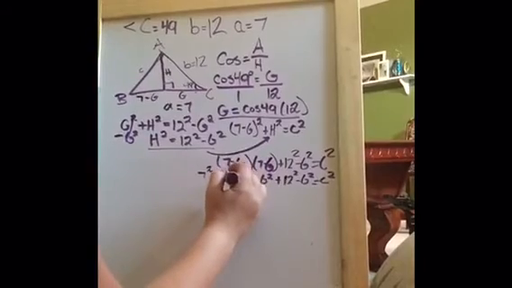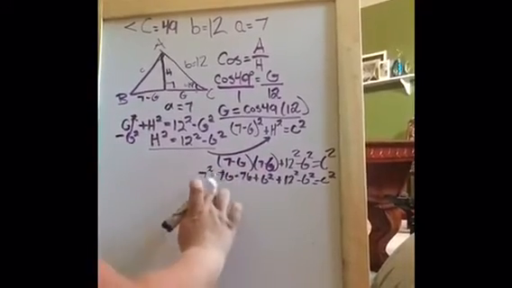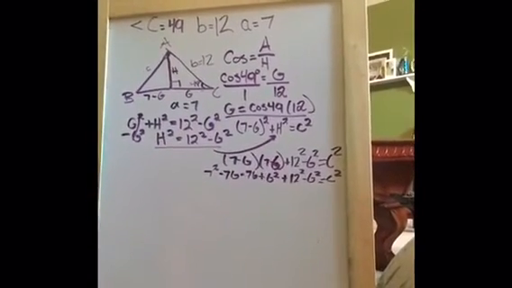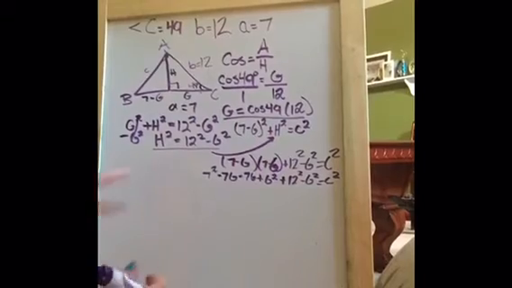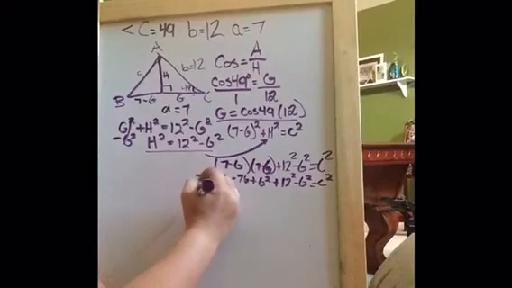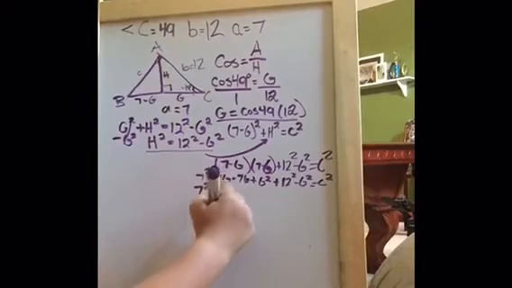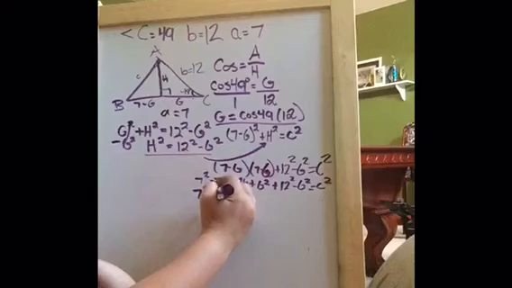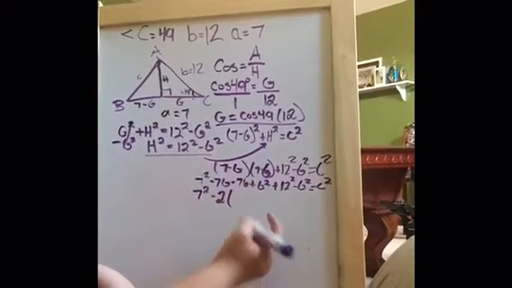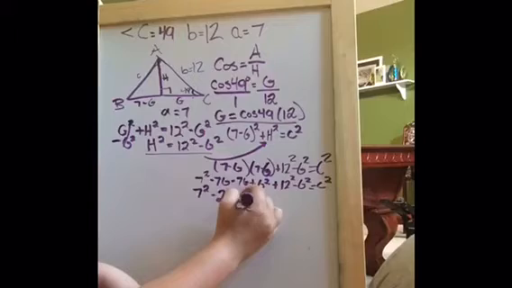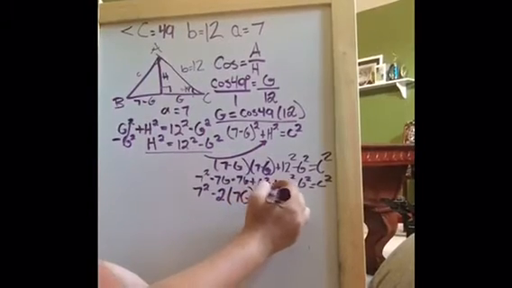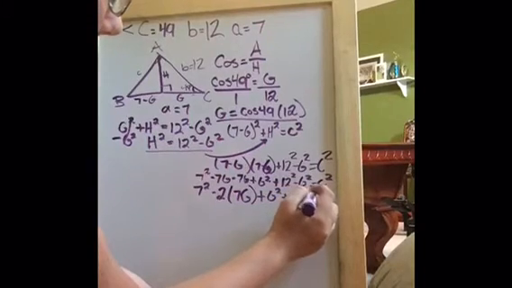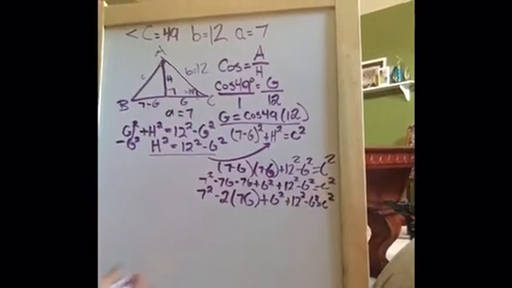I'm going to rearrange this a little bit: 7 squared minus, instead of negative 49g, negative 2 times 7g, plus g squared plus 12 squared minus g squared equals c squared.